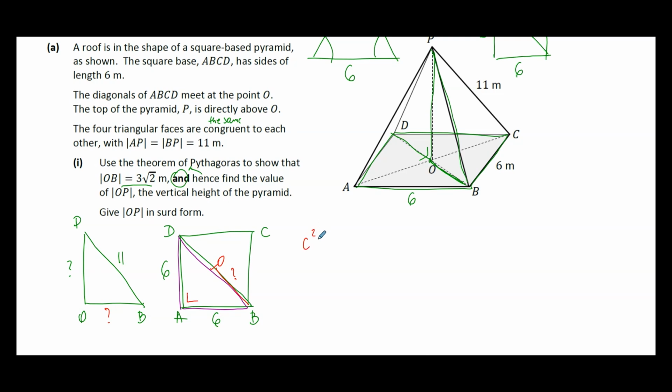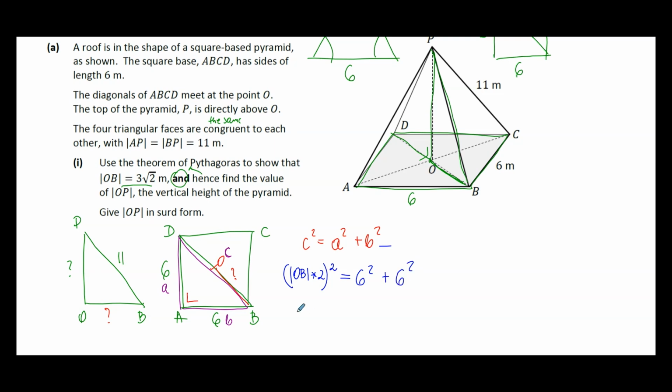Now, Pythagoras: c to the power of 2 equals a to the power of 2 plus b to the power of 2. I need to know what c, a, and b are. Well, c is the side opposite the right angle, so that side, DB, will be c, and then one is a, one is b, it doesn't matter which is which. Let's replace those with numbers. It's OB I'm looking for, so OB multiplied by 2 will be the full length of c, taken to the power of 2, and then a being 6, and b being 6.